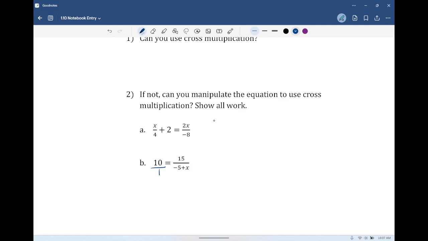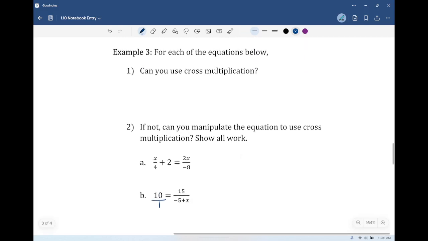As she started with, though, the issue with A, make sure I have eyes. The issue with A is that if we were to try and put the left-hand side over 1, we're going to end up with a fraction inside of a fraction, which just doesn't work for us. But B causes a whole bunch of other issues that we're just not super equipped to work with right now.